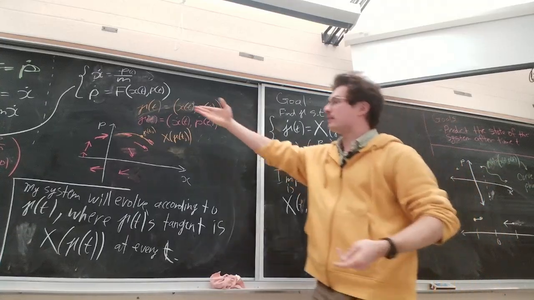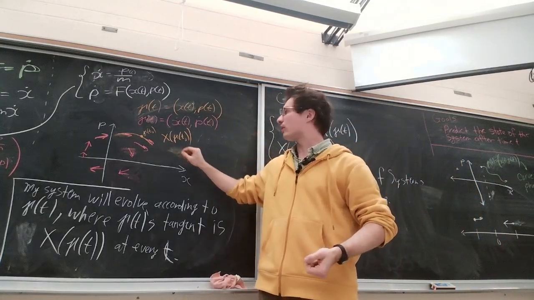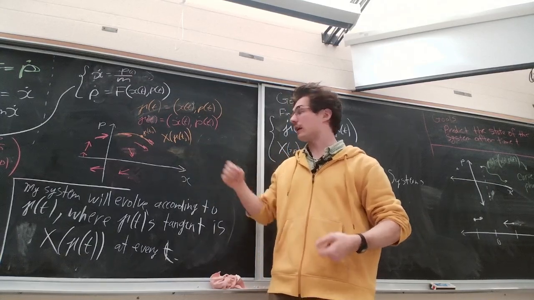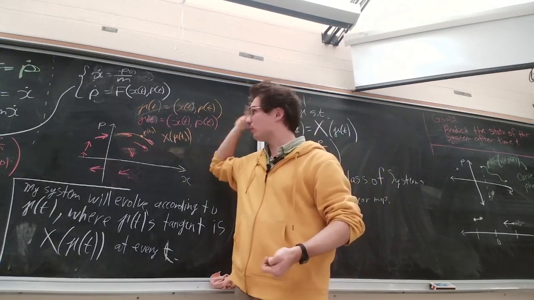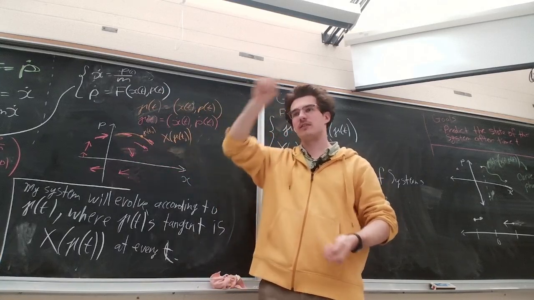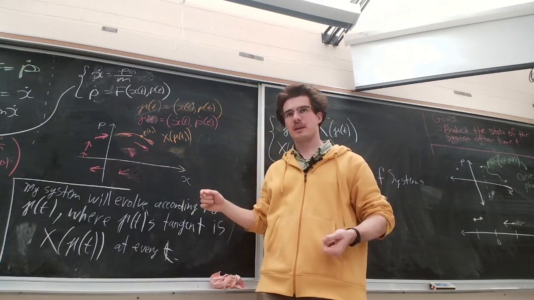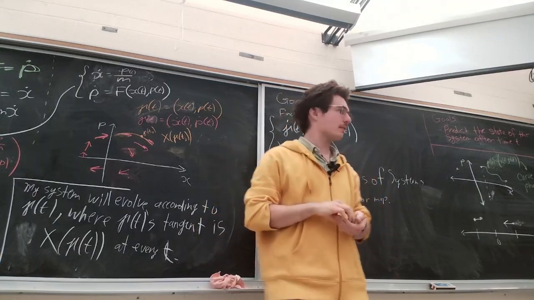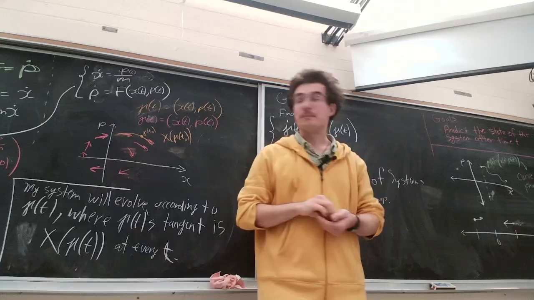F equals ma defines some vector field, which the curve always has to be tangent to. If you know the vector field, the goal is then to just find all the curves that are tangent to this vector field. And that's just what classical mechanics is in this case. Okay. Good.